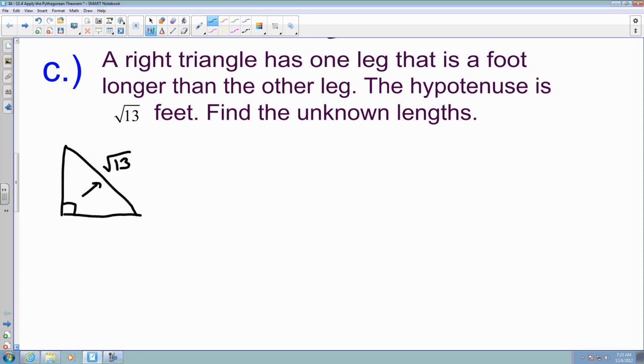It says that one leg is a foot longer than the other. So let's just call this one leg x. And the other leg is 1 foot longer than that, so it will be whatever the distance of this leg is plus 1.